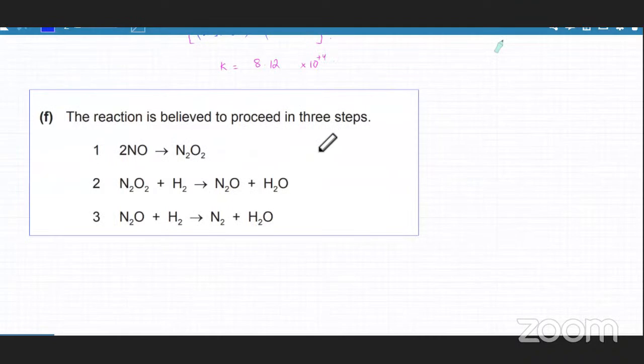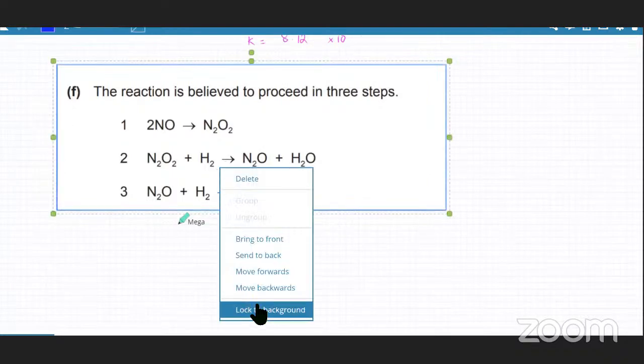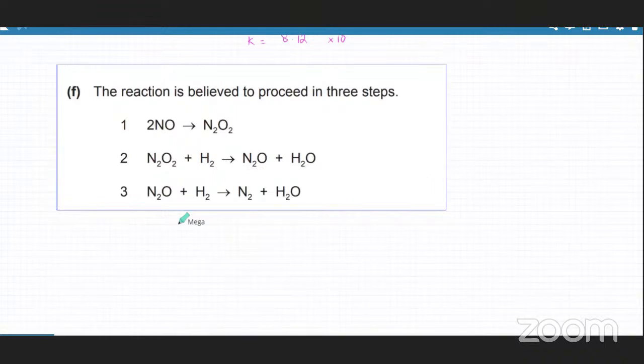So it's believed to be following these 3 steps. And the order, remember, is 2 with respect to NO, and with respect to H2, the order is 1. Okay, that's the information that's provided.